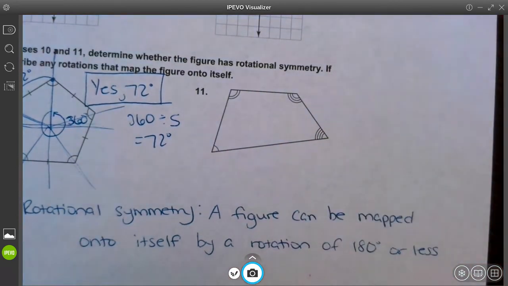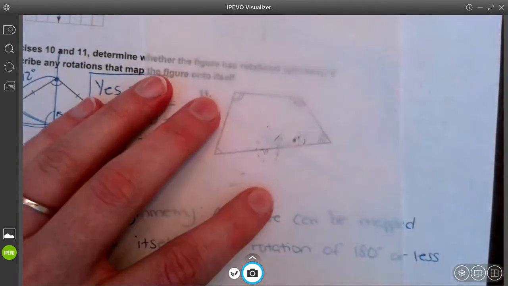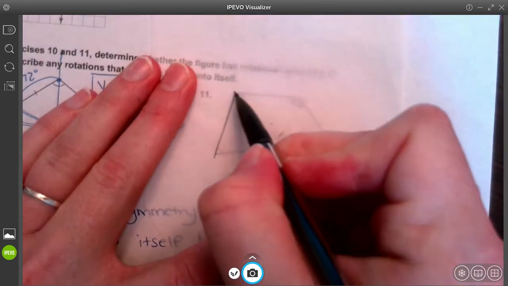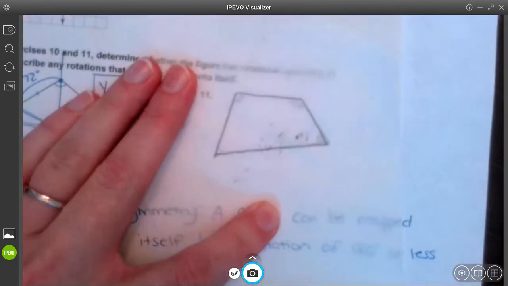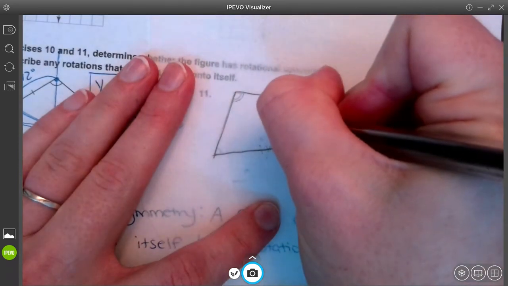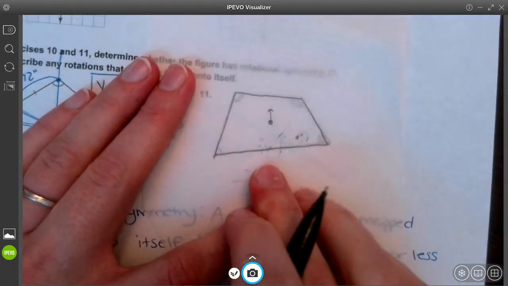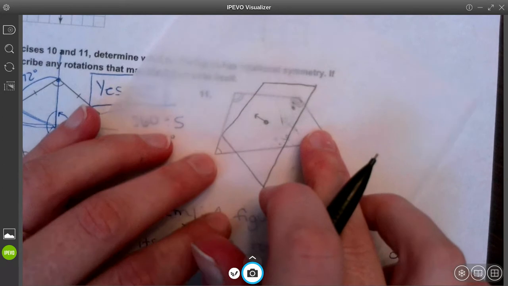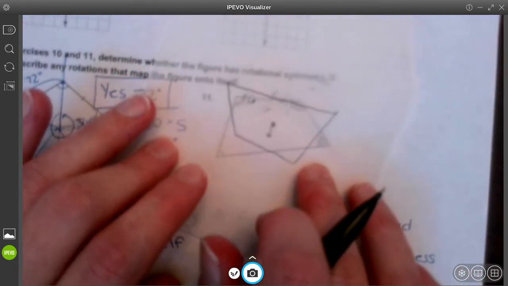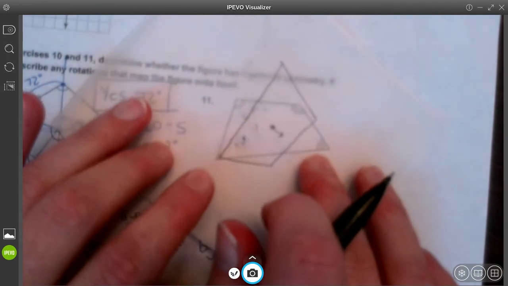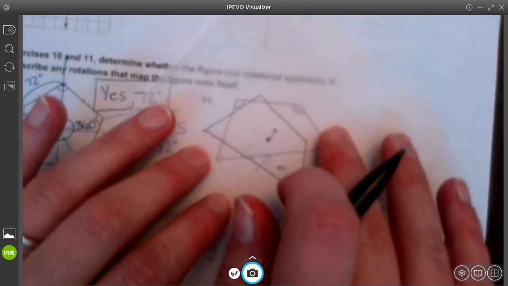If you want a visual, I could trace this shape onto some parchment paper. And if here was the center, let's say, in order for it to map back onto itself, I would have to rotate this a full 360 degrees.